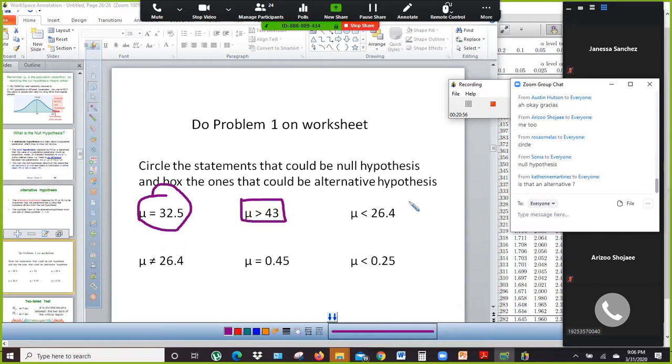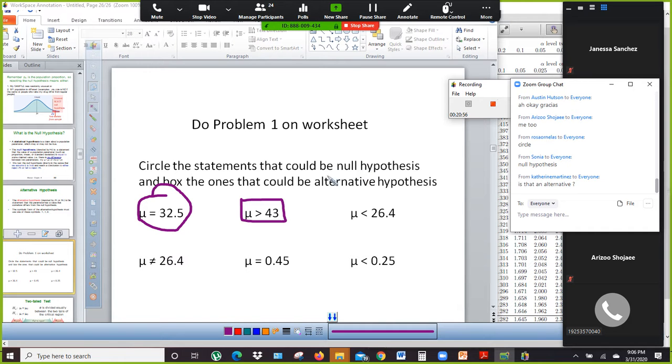So Janessa, you can either say it or you can type it in. I don't care either one. Janessa Sanchez, still here? Rizzo, you want to go ahead and go instead? Oh wait, there she is, circle. Okay, so circle is a null hypothesis.